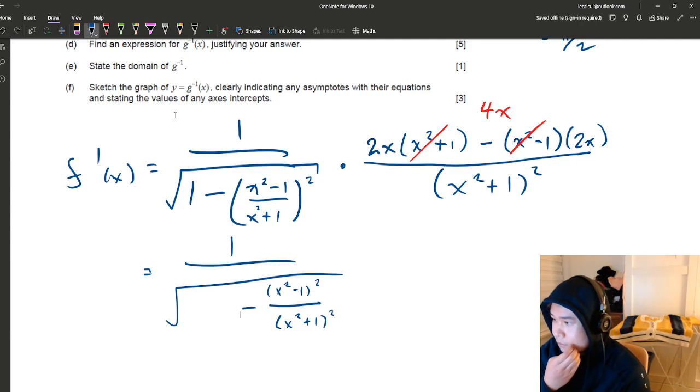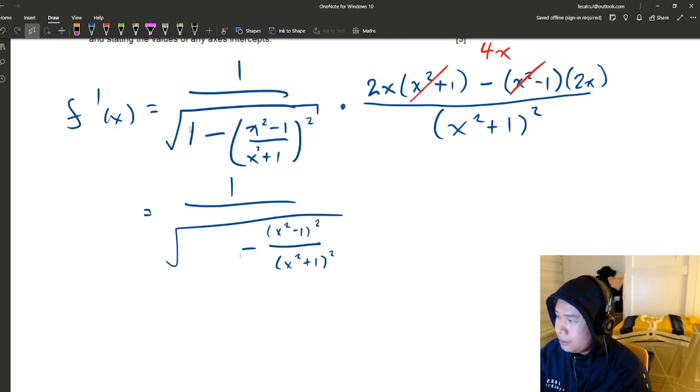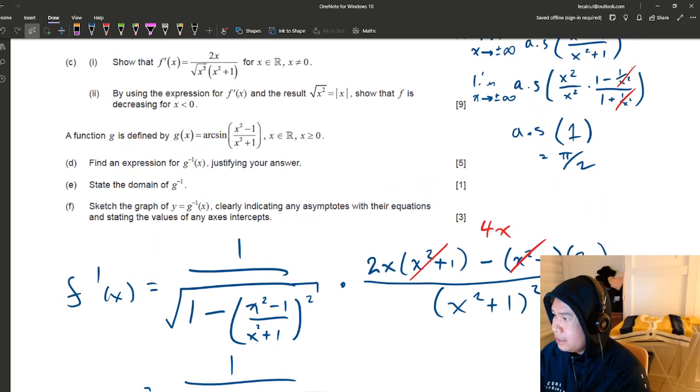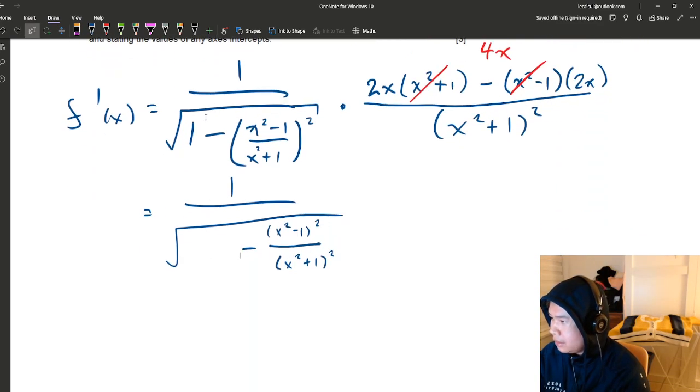And we will notice that there's only one term in our square root, so I'm going to write the 1 with a common denominator of the second term.